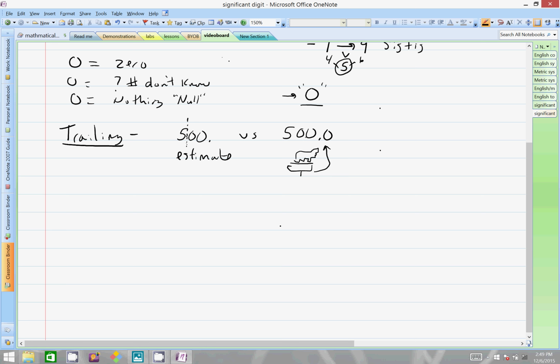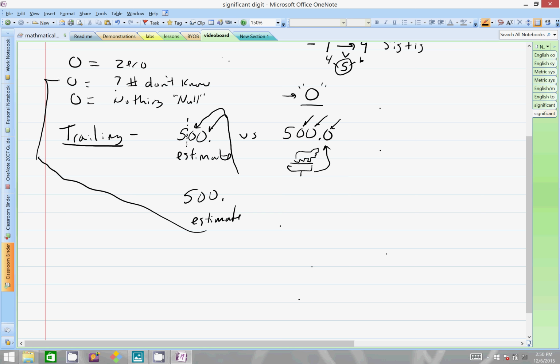And this is not 500.01, it's 500.0. And with all these numbers, you automatically know whether these are actually zeros or some other number. So in the case of 500 with no decimal, working as an estimate, the zeros are there, we just don't know what they are.